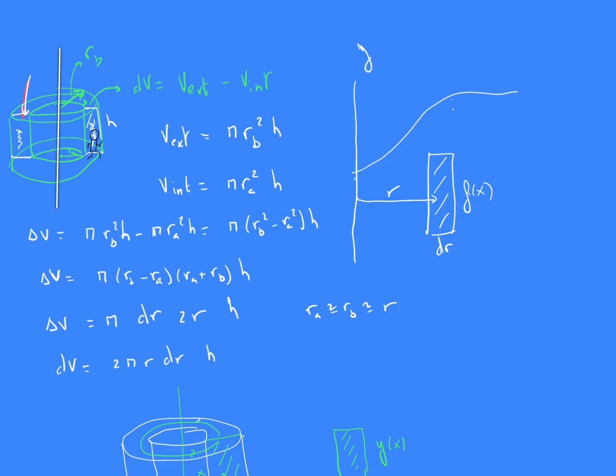So I will think that I can fill the volume generated by this function when I rotate it around the y-axis by many doors, and the size of the doors will be like this. So this is the function, this is f of x, and the size of the door will be like this.